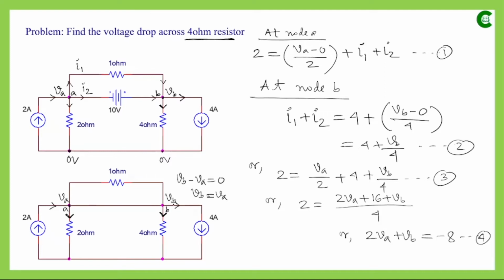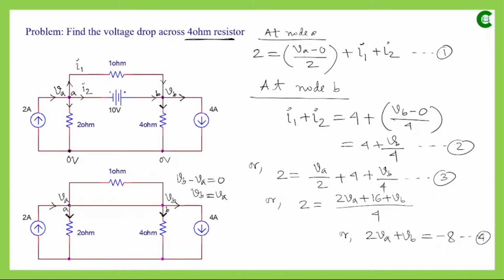And one thing has to be noted here: when we consider a supernode, it does not introduce any extra potential. So whatever potential values for individual nodes we have assumed in the original circuit will be maintained while forming the equation by applying the concept of supernode.